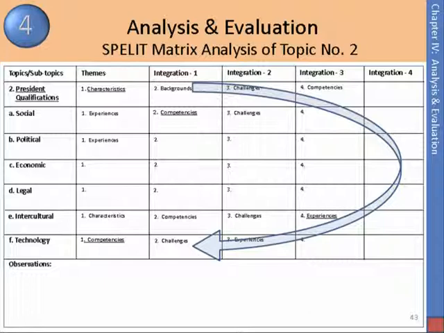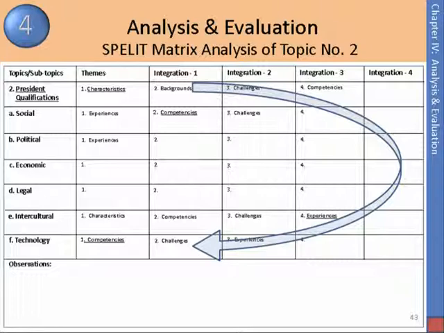She starts off with characteristics and goes to competencies, and she talks about experiences, and she ends up coming back to competencies. Again, this is with regard to her topic 2, which is presidential qualifications for college presidency positions.